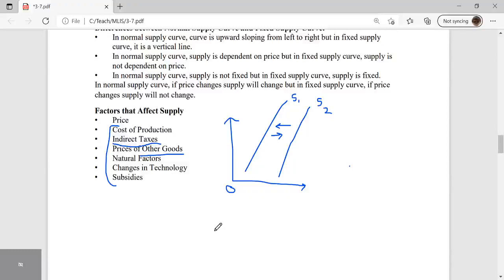The price of carrot is increasing. When the price of carrot is increasing, what will happen? That means there is more profit now if you produce carrot. So what will happen to the supply of potato? The potato producers will think, we need almost the same kind of resources to produce carrot, so let's switch to carrot production. So the supply of potato will fall.